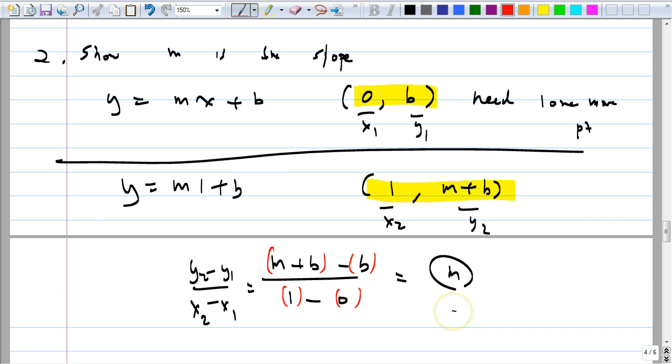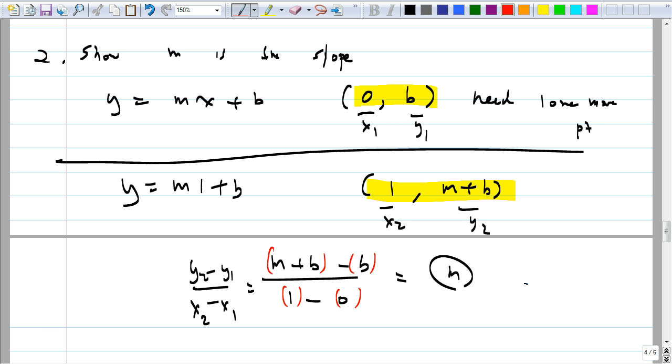When you plug in, don't we just get m? And isn't that what we wanted to prove? Because you get m plus b minus b over 1 minus 0, so we just get m. And so, using 2 points of this line, y equals mx plus b, the slope is m. That's how you show that the m has to be the slope. Does that make sense? So we have proven those 2 parts, that b is the y-intercept and m is the slope.